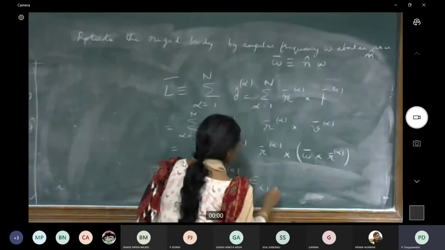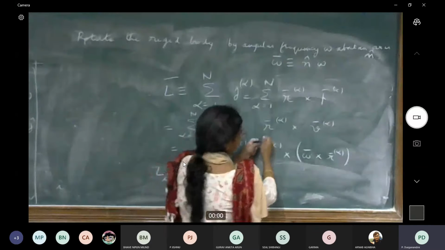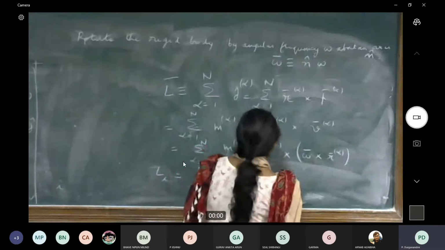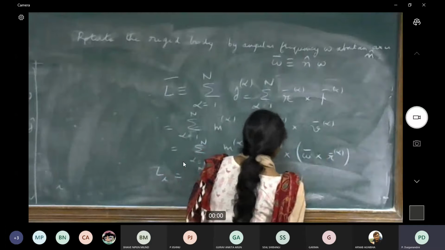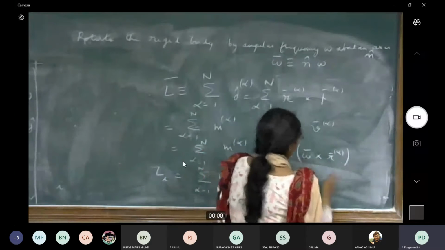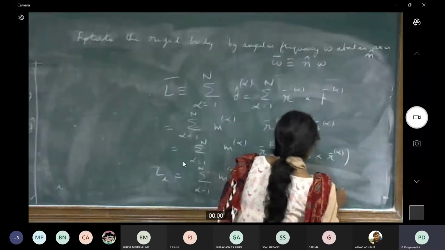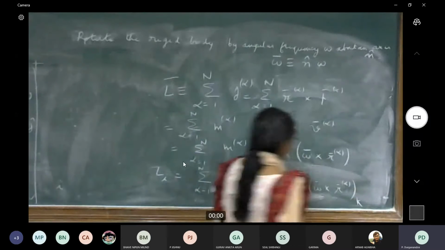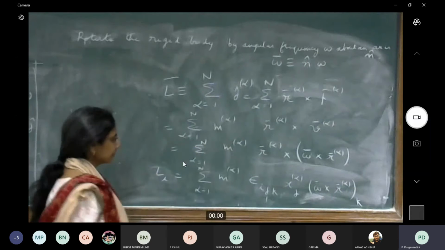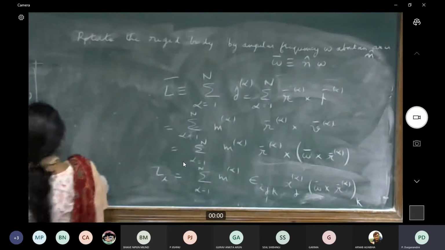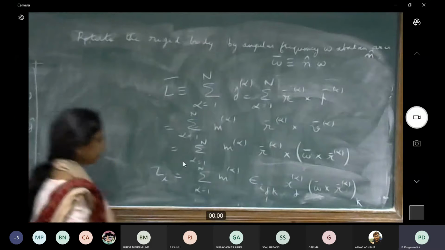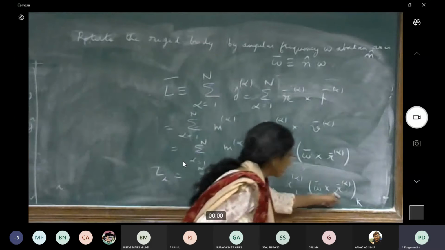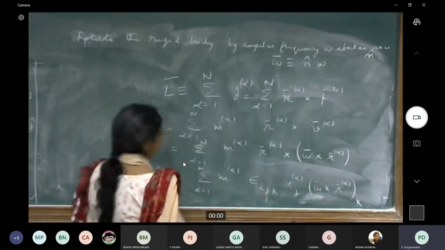Epsilon ijk. This is like your A and this is like your B. So I will get x alpha j and then the kth component of omega cross r alpha, and I can use epsilons for that.